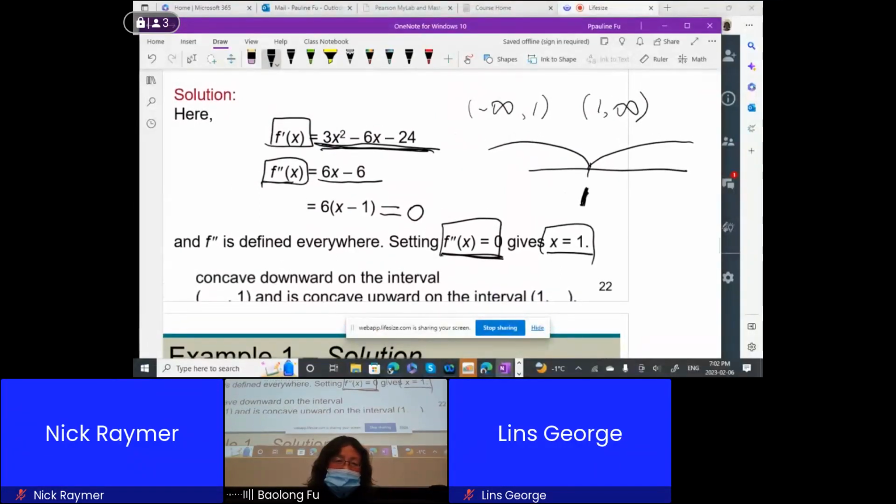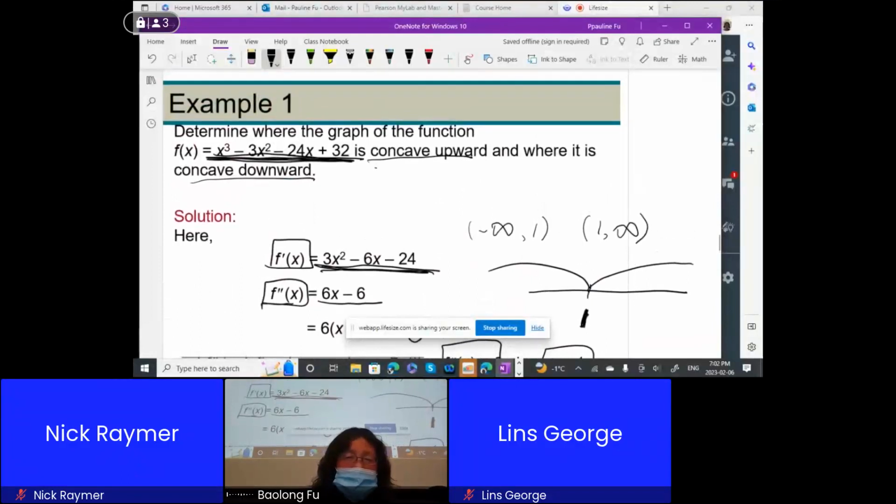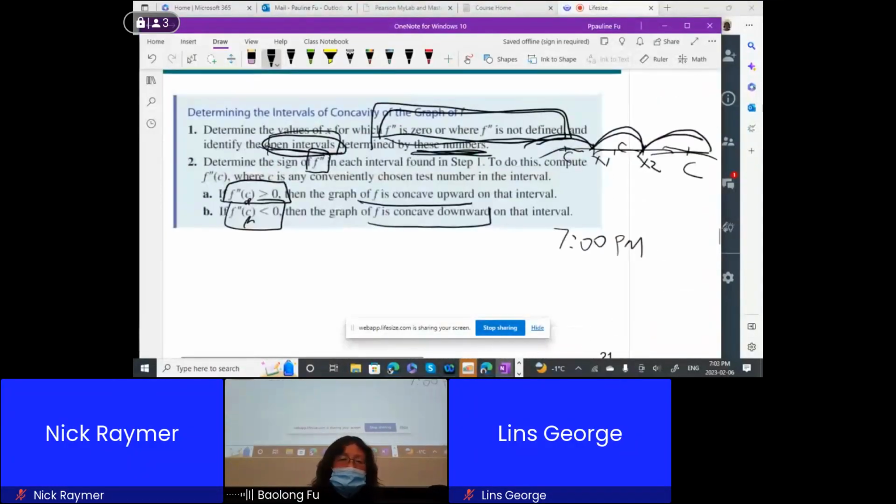And how do we know if it is concave up or concave down? We examine the second derivative. If the second derivative is greater than 0, concave up. If the second derivative is smaller than 0, concave down.